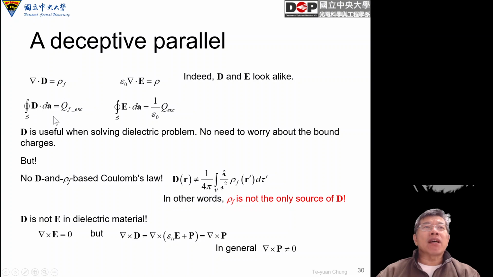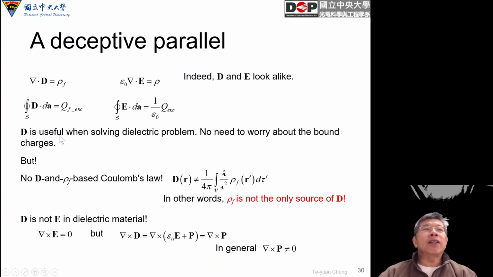And also because of the divergence theorem, we can take the surface integral over a closed surface. The D will equal the total free charge enclosed. But the electric field will be the total charge enclosed with just one coefficient here. So indeed, they really look alike, and their formulations are also very similar.